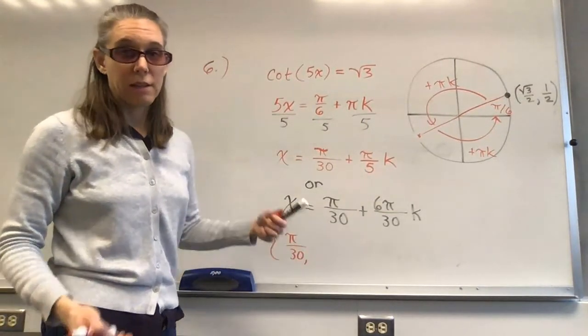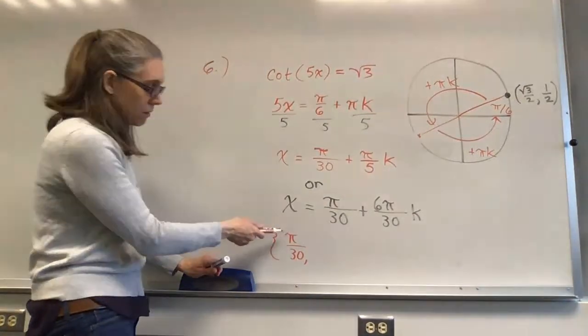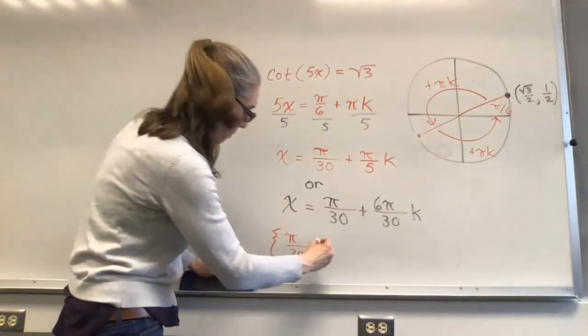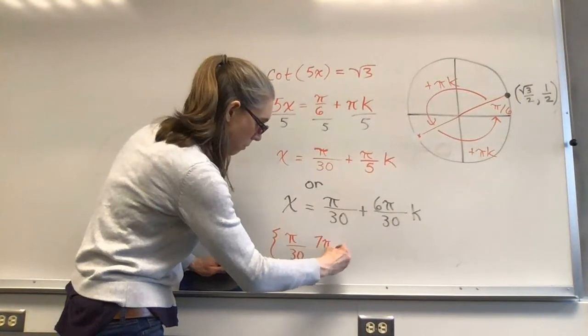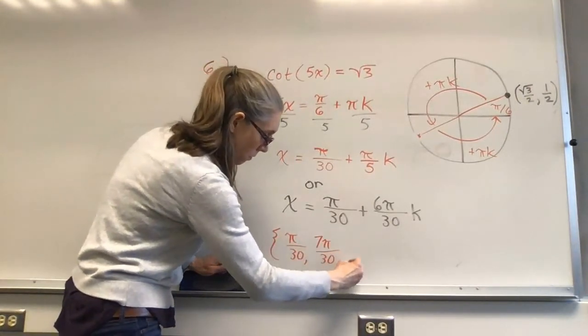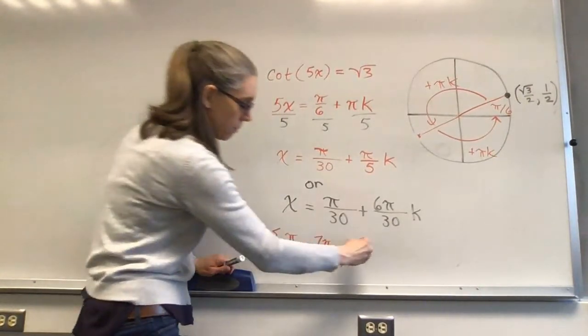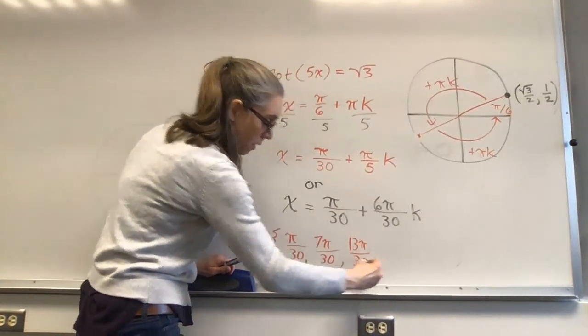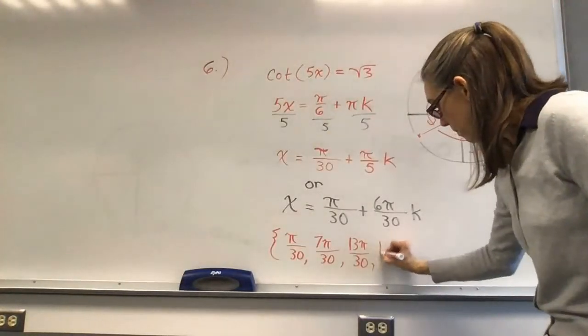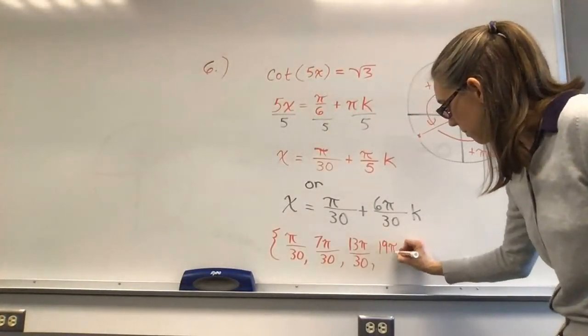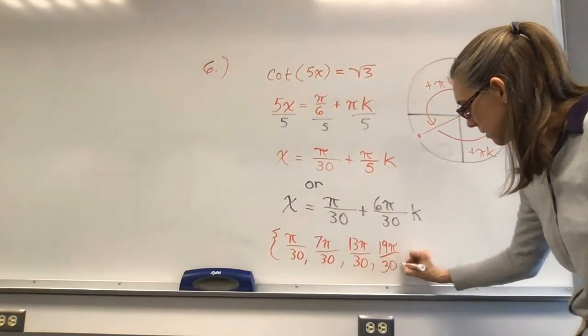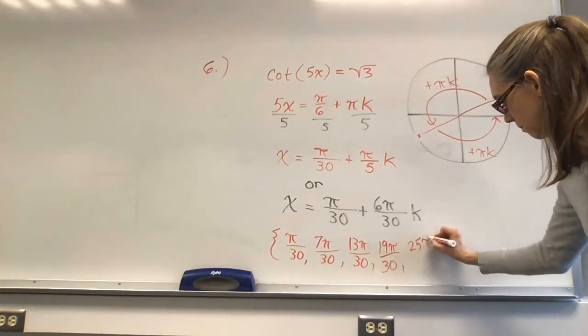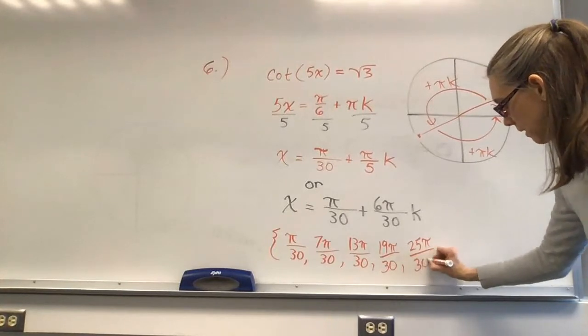So 6 pi plus 1 pi is 7 pi, plus another 6 pi, 13 pi, plus another 6 pi, 19 pi, plus another 6, and another 6.